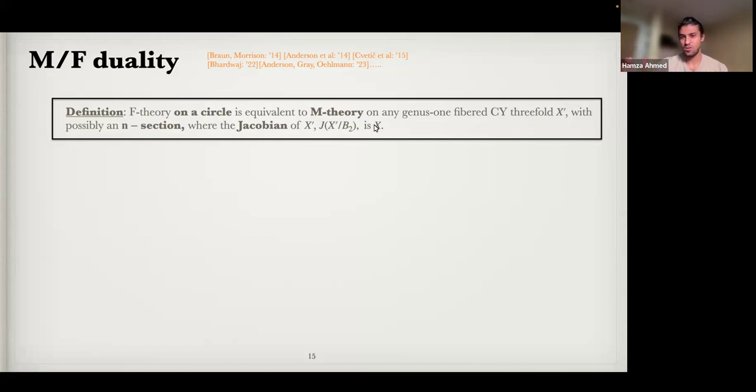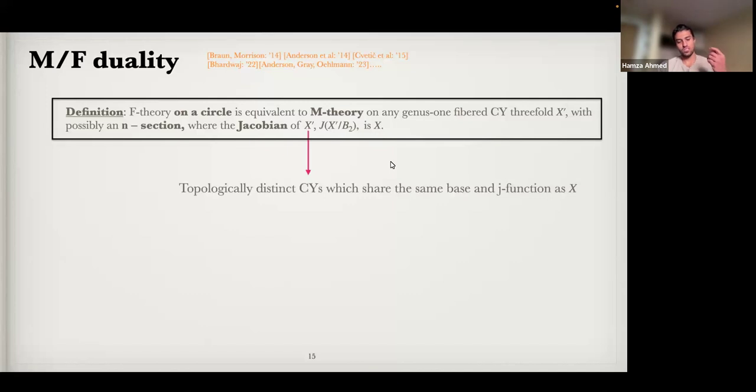So it's not just any X prime. Maybe I shouldn't have written "any" here, but its Jacobian needs to be X. And what I mean by this is that these X primes are topologically distinct in general from their Jacobian.